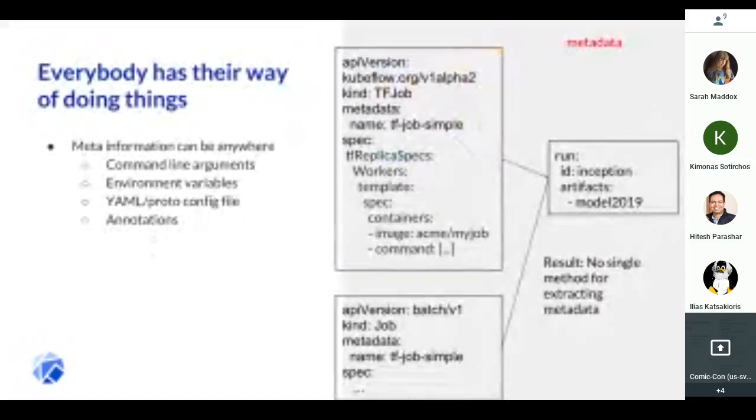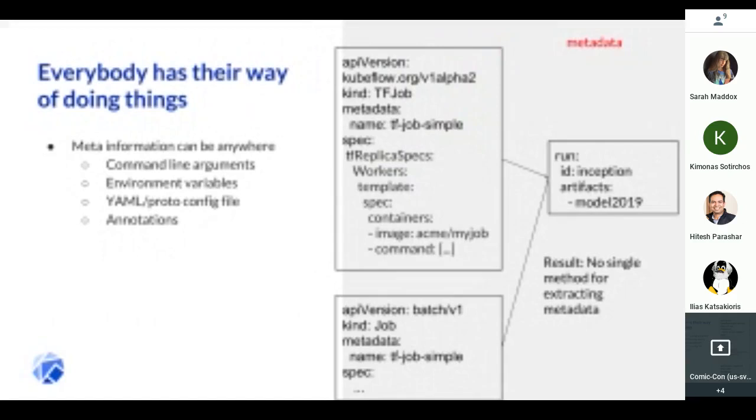And one of the problems right now, though, is there's really no standard way to record information about how your job or binary was executed, what it did, right? So if you look at, let's say, a TF job or a Kubernetes batch job, there's lots of different patterns that people could adopt to encode information about what that execution is doing, right? So one example is people could use command line arguments, and those command line arguments could specify the inputs and outputs as well as the hyperparameters to use for training.